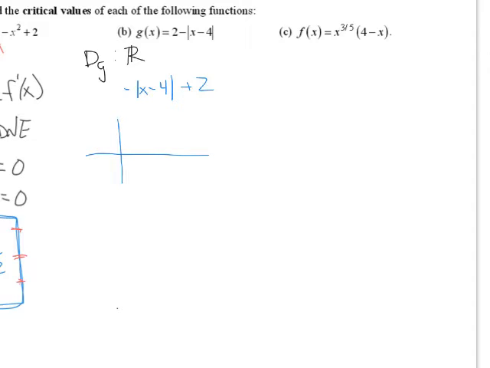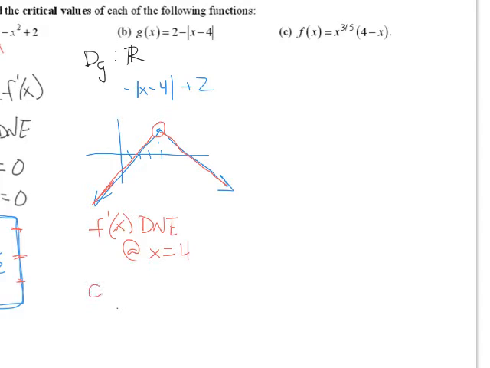So graphically we've got 1, 2, 3, 4 units to the right, up 2 units, and then it's reflected downward. So when we look at this graphically, we see that the derivative can exist everywhere except at x equals 4. So f prime of x does not exist at x equals 4.